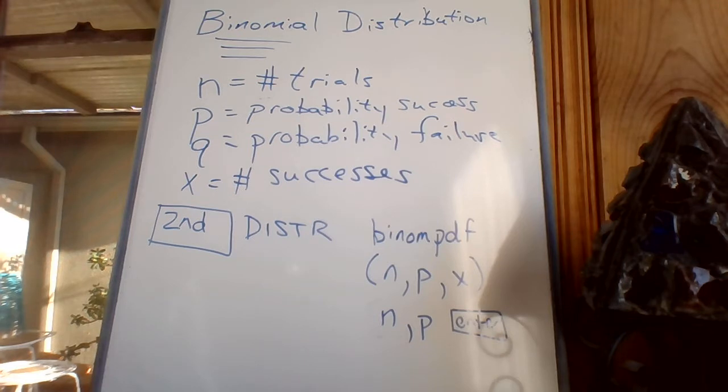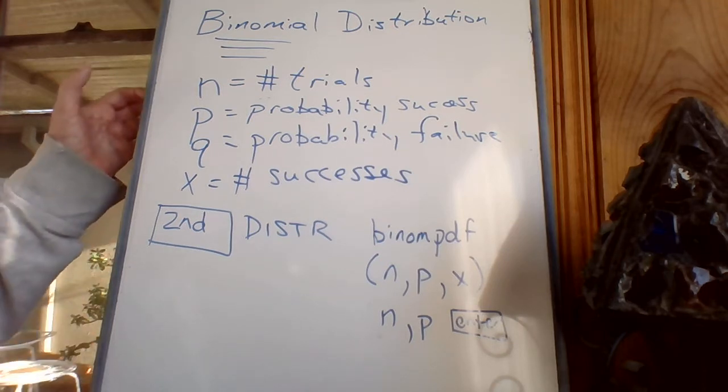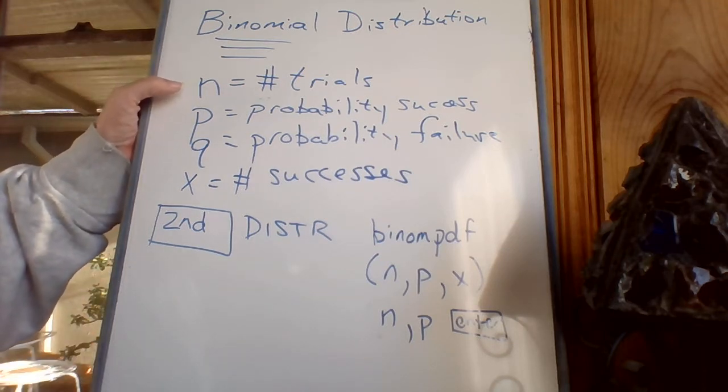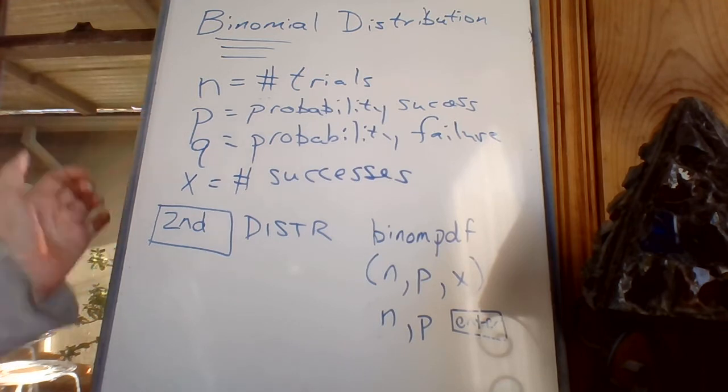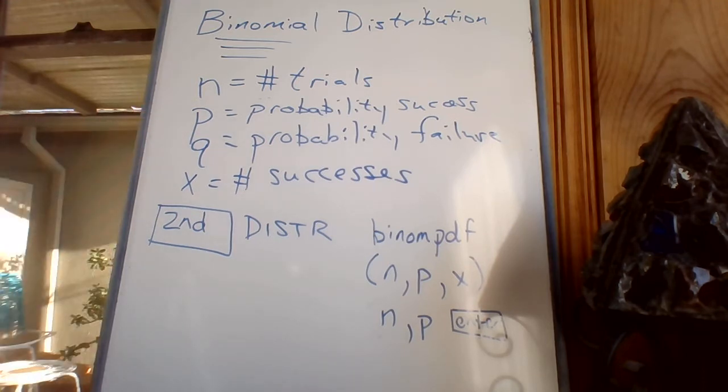Now, where are these letters? N comes from the number of times you try. P is the probability of success. Q is the probability of failure, and failure is the opposite of success. So if you had a 25% chance of getting it right, that means you had a 75% chance of failing.